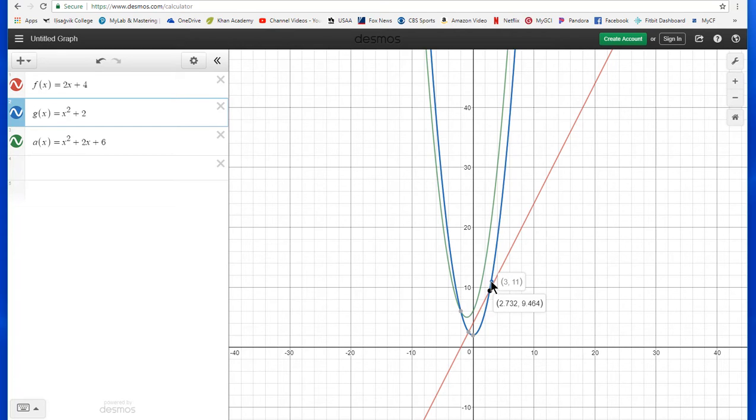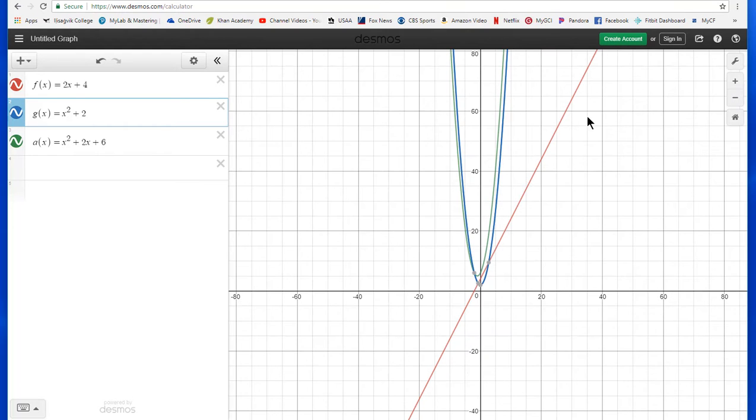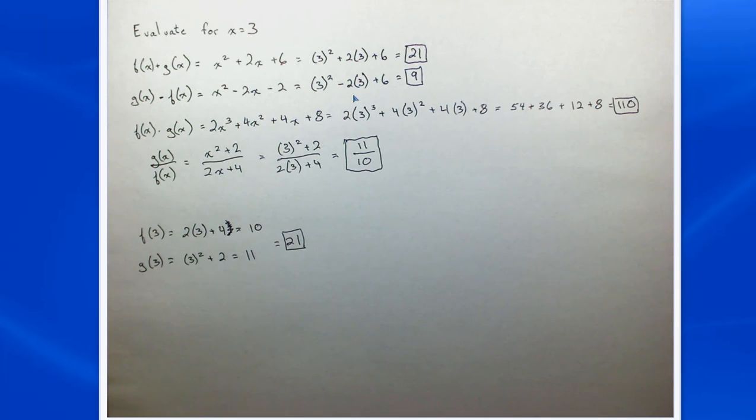Now, if I zoom out here and I look at the value of 3 on my f plus g of x, I get a value of 21. There we go. I got a value of 21. Our graphical representations of what we're doing match up with what we're doing here algebraically.